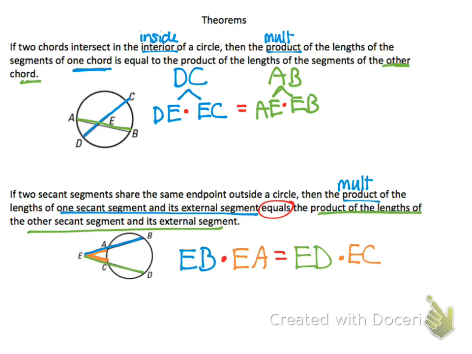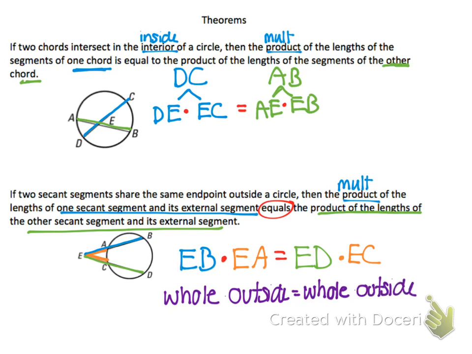An easy way to remember this one is that you're always going to multiply the length of the whole thing times the part that's outside. And that's going to equal whole times outside. So multiply the whole thing by the part that's outside.